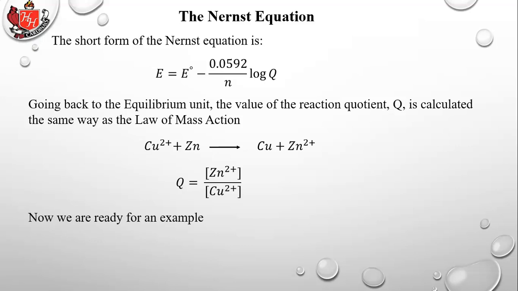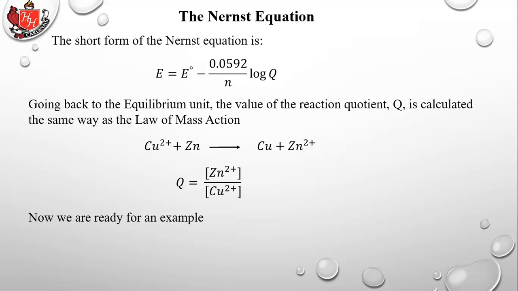Although I didn't write the states here, and I should have, the zinc, Zn, and the copper, Cu, are solids. They're solid atoms that go into those strips, the copper strip and the zinc strip. Therefore, you don't include them in the law of mass action. The only things you include are the aqueous Cu2+ and the aqueous Zn2+.